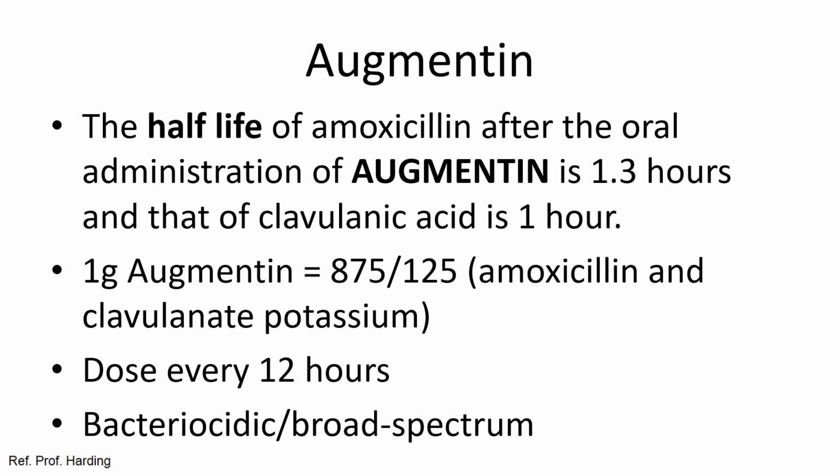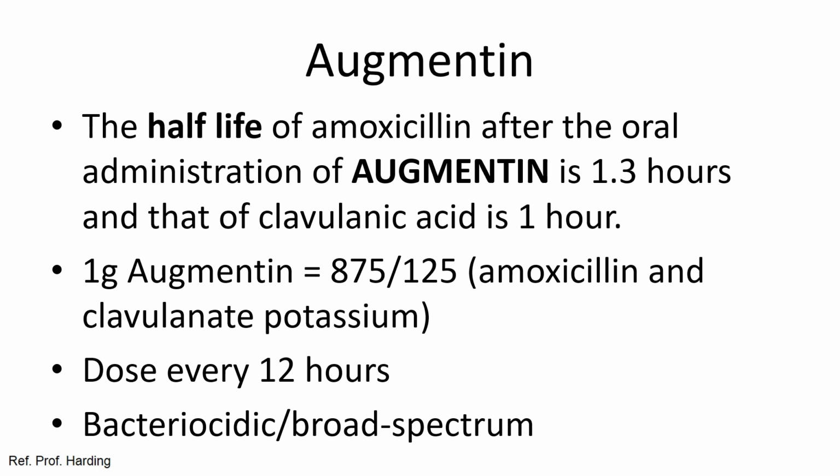So after 1 hour, our Augmentin is down to half the dose, so it drops down to 500 milligrams if you like. And remember, Augmentin consists of a combination of clavulanic acid and amoxicillin in the ratio of 875 milligrams of amoxicillin to 125 milligrams of clavulanic acid.